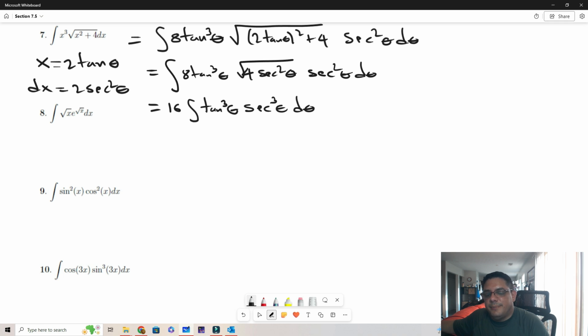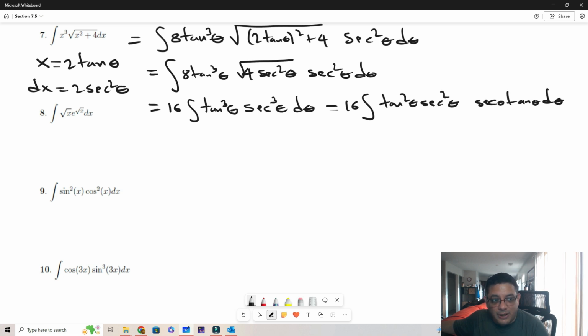And so normally what will happen is that I have to look for some kind of identity. It's not going to be the substitution tangent, because the substitution tangent has to give me secant square, and I only have secant cube. But notice that I can remove one of those tangents and secants, and so if I do that, now I'm going to be with tangent square, secant square, and I'm going to be with secant of theta tangent of theta, which is the derivative of secant.